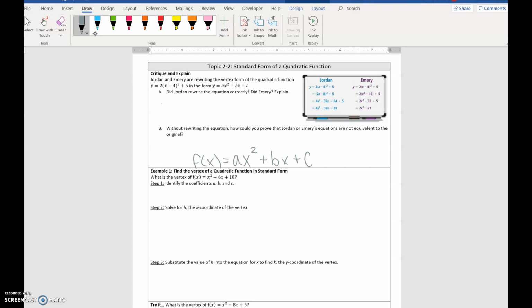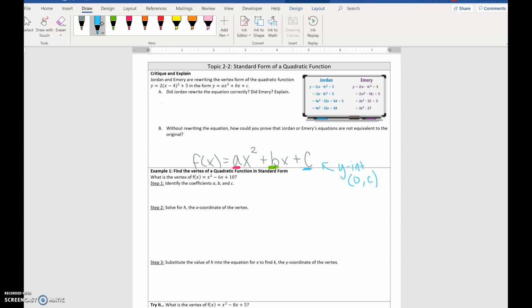So this is standard form right here. Our A is still our dilation. And then we have our B. And then we have C. And then C is actually our y-intercept. So our y-intercept would be 0, C.